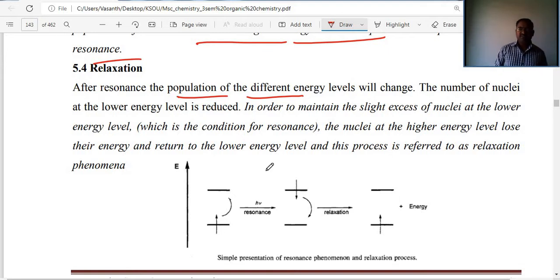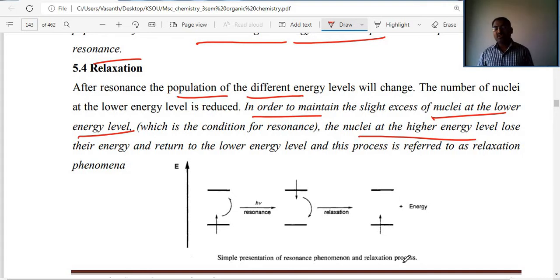Simply, relaxation means that in order to maintain the slight excess of nuclei at the lower energy level, the nuclei at the higher energy level lose their energy and return to the lower energy level.